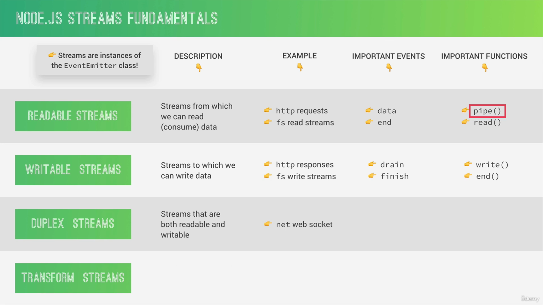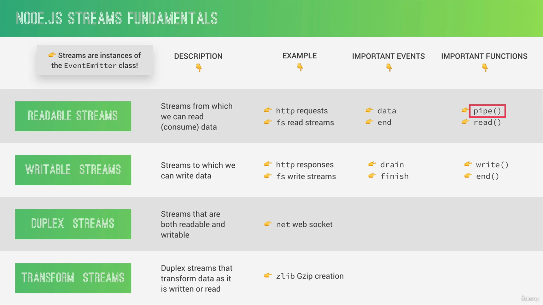Finally, transform streams are duplex streams, so streams that are both readable and writable, which at the same time can modify or transform the data as it is read or written. A good example of this one is the zlib core module to compress data, which actually uses a transform stream.